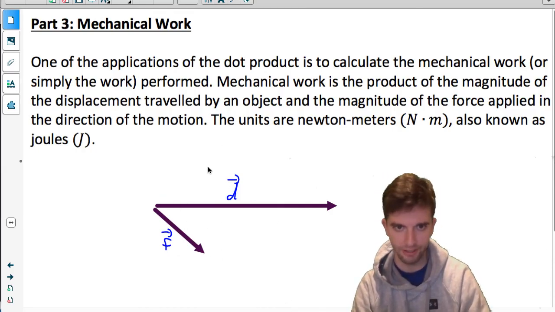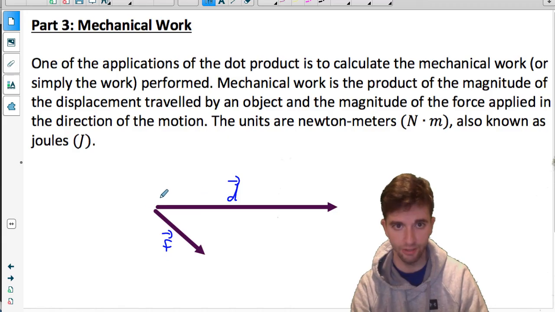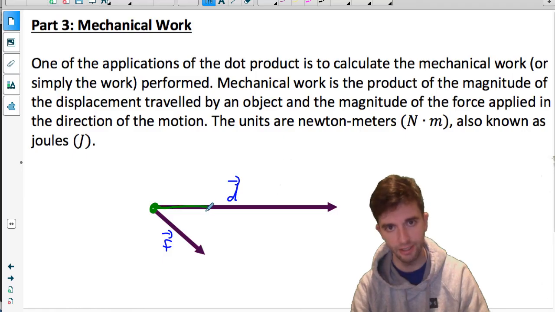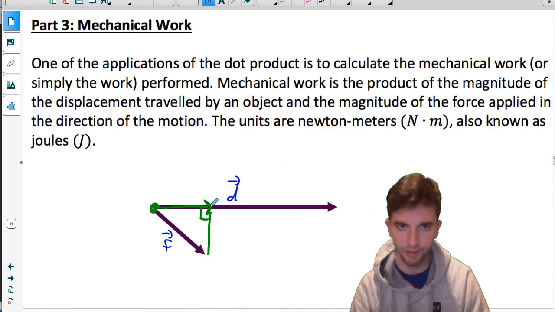So I would have to project the force vector onto the displacement vector. And what would that projection of the force vector onto the displacement look like? Tail would be here, and it would be parallel to the displacement vector, and it would stop at a point where if I connected the tip of the projection vector to the tip of the force vector, it would form a 90-degree angle with the projection vector.